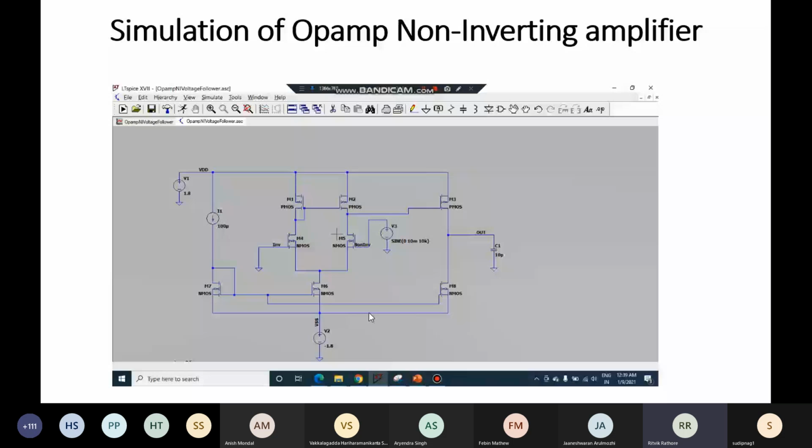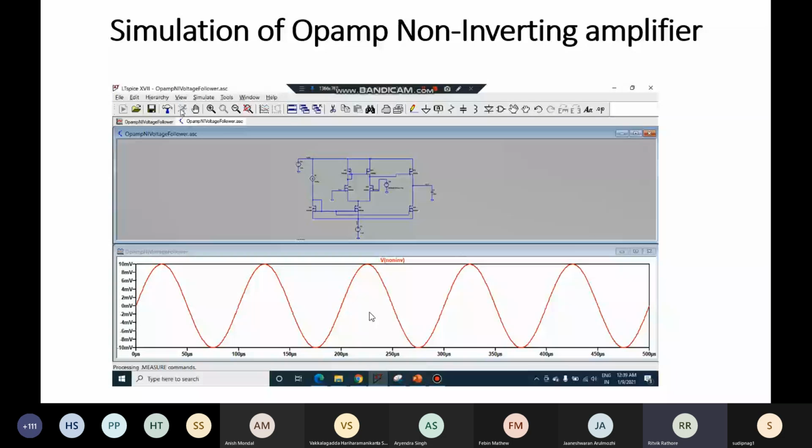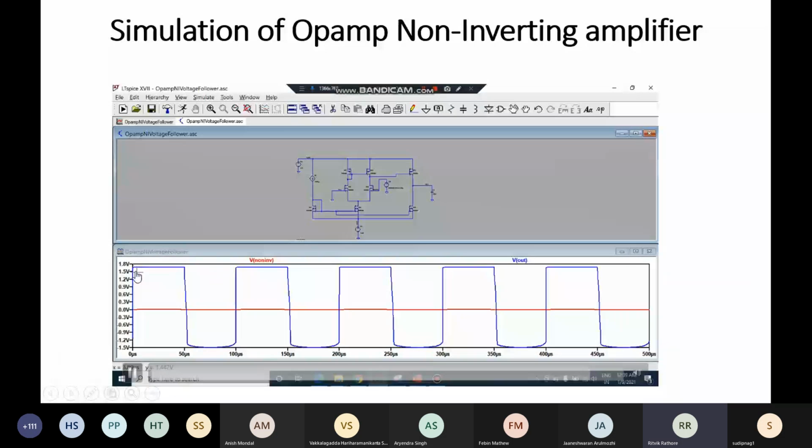Of course, for extremely small values of input, it can produce a reliable output, maybe of the order of a few microvolts. But for this large input, it will saturate. This is input and this is output in blue, which is almost approaching the supply voltages plus 1.8 and minus 1.8 volt. So the output is saturated under open loop conditions. It is behaving as a comparator.